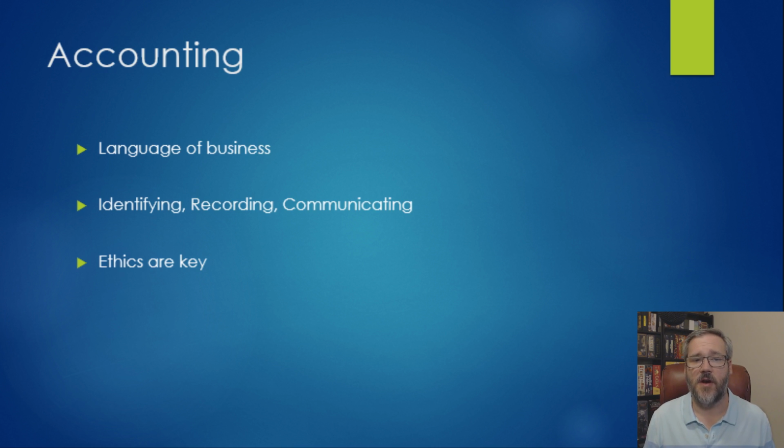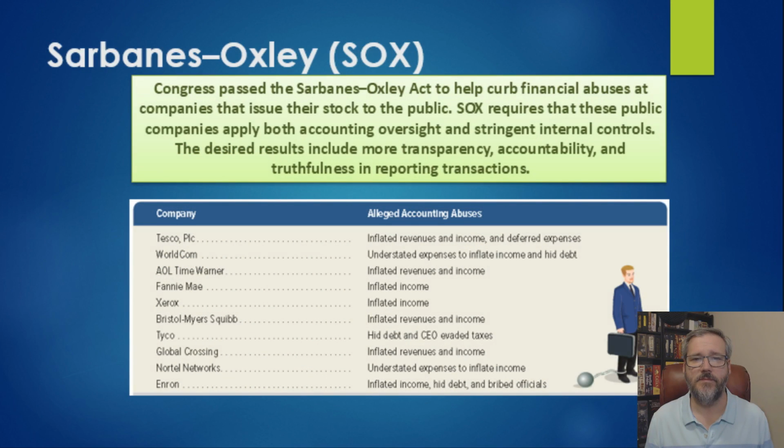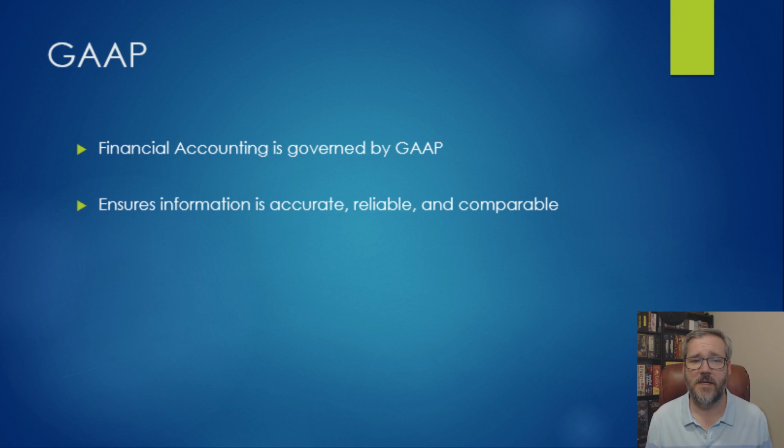Ethics have of course become key in the study of accounting since all of those really weird and fun frauds of the late 90s, early 2000s. And speaking of Sarbanes-Oxley, Congress passed Sarbanes-Oxley to help curb financial abuses that companies have been engaging in.